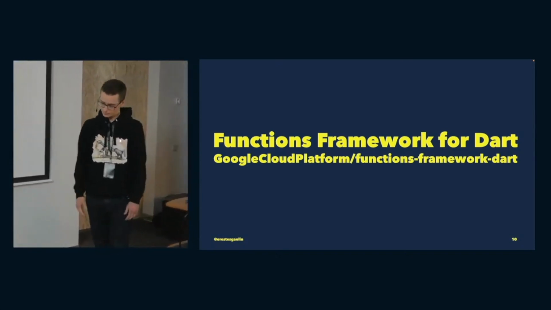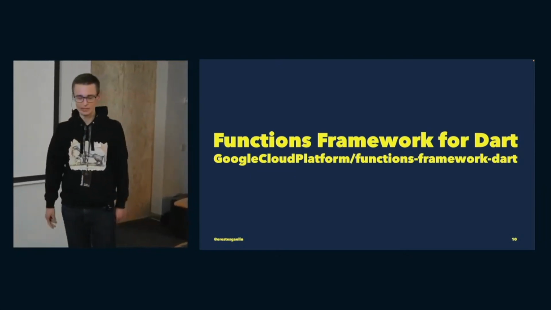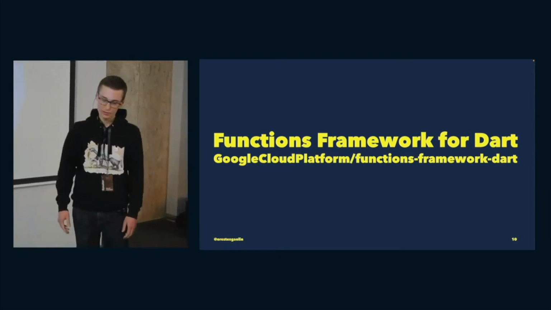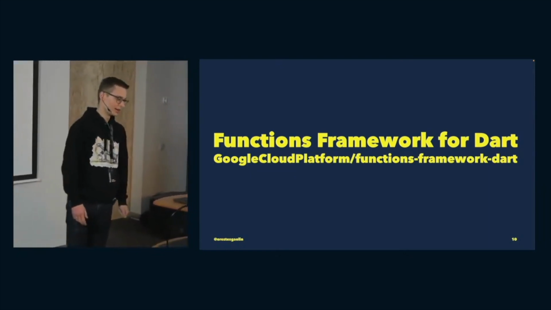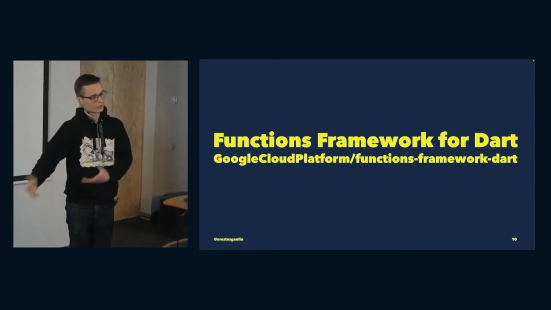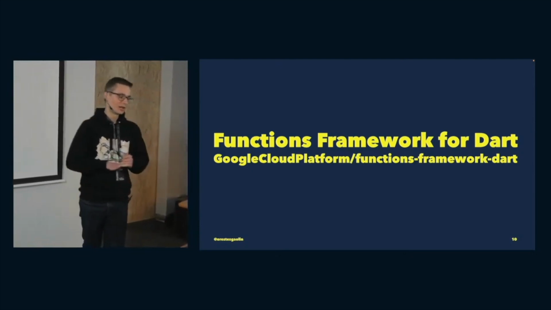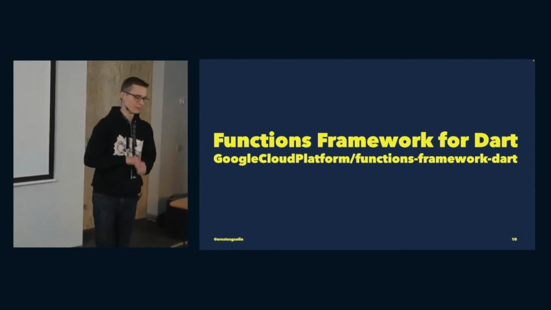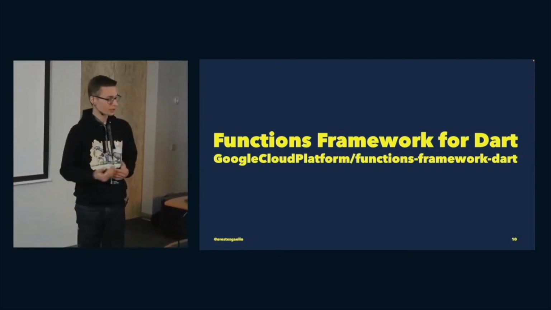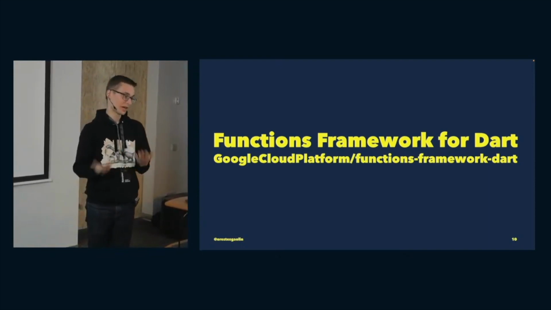And recently, Google unveiled, though it's still kind of hidden, not officially endorsed, a library called Functions Framework for Dart. This is a really nice wrapper, or helper, that lets you build things very similar to Cloud Functions and host them on App Engine.